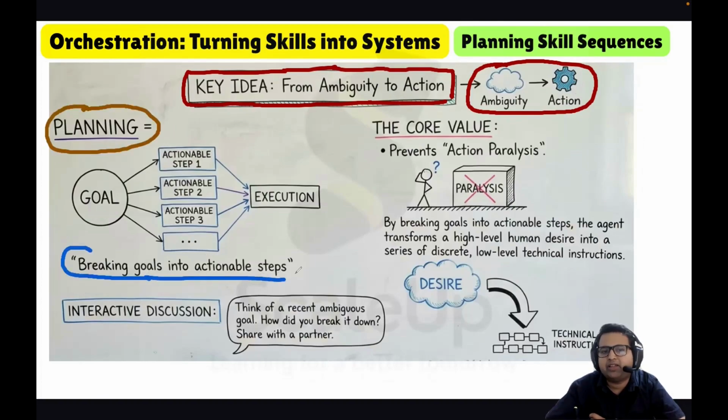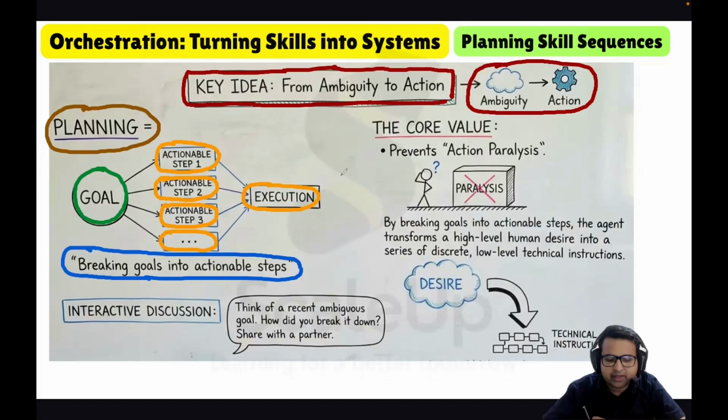The agent will be given a goal, which can be a vague goal, and planning is the goal decomposition, breaking it into actionable steps. Ordering of these steps is also equally important. So it is breaking the goals into actionable steps, ordering them, and then executing them in a particular order. That is what planning is.